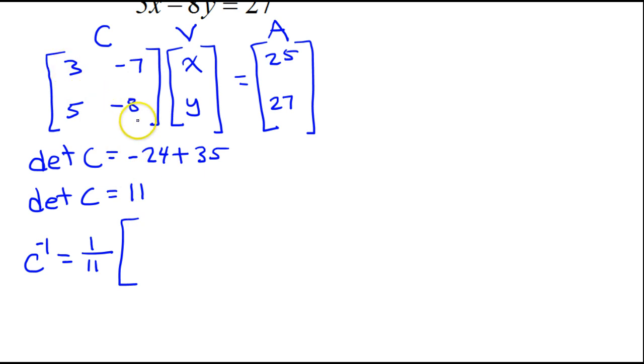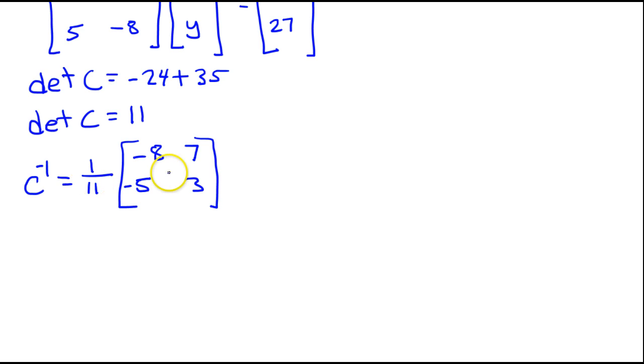Now, when I say reverse, I'm talking about reversing the elements of the down diagonal. So I will put the negative 8 here, and I'll put the 3 here. That's what I mean when I say reverse. When I say negate, I'm talking about negating the up diagonal. These will not move, they will simply change signs. So this positive 5 will become a negative 5, this negative 7 will become a positive 7. So reverse, negate.